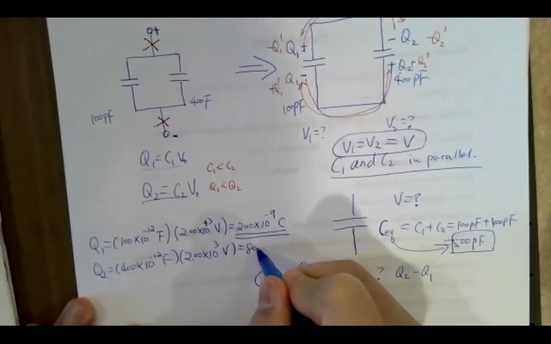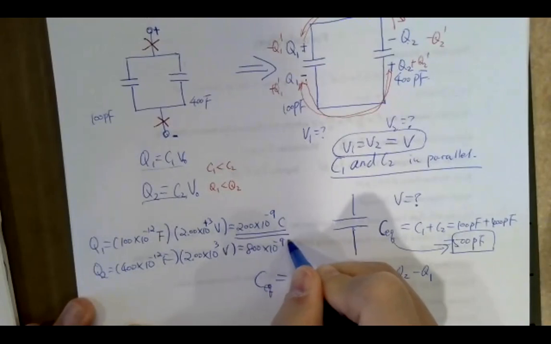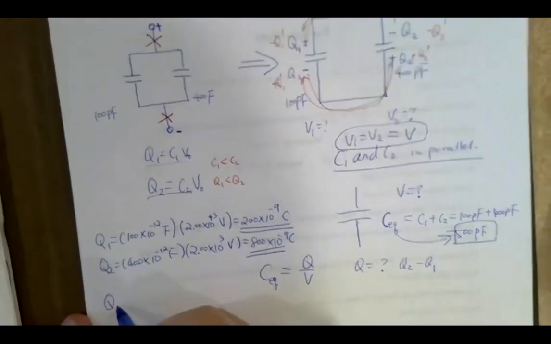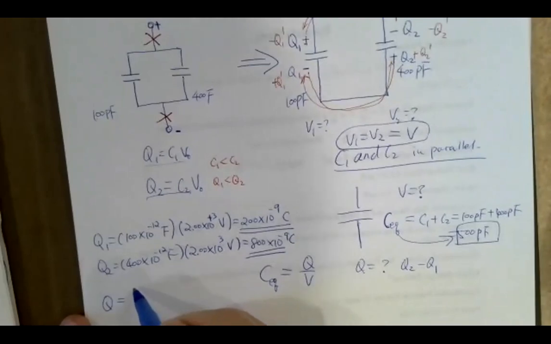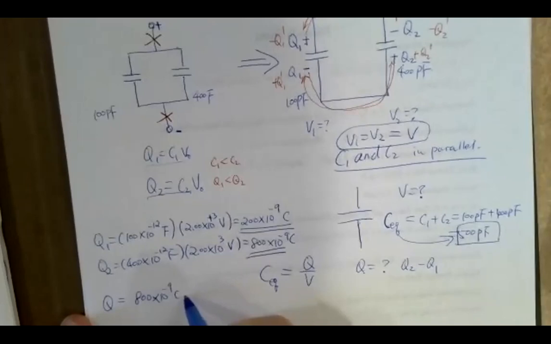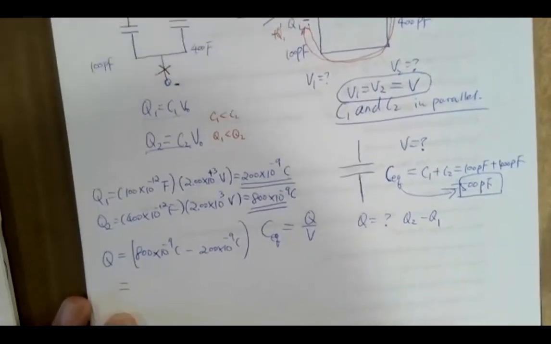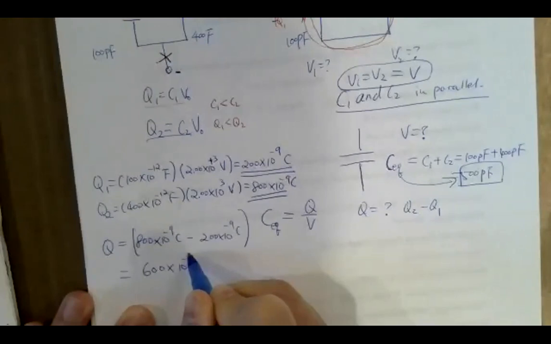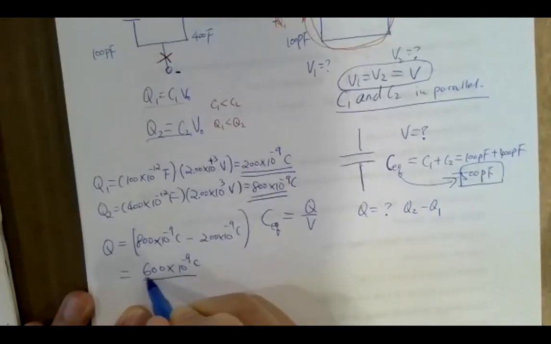That gives you 800 times 10 to the minus 9. Then Q afterward, Q total is Q2 minus Q1, 800 times 10 to the negative 9 minus 200 times 10 to the minus 9, which would be 600 times 10 to the minus 9 coulombs.